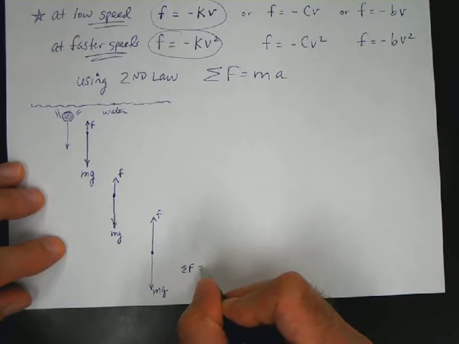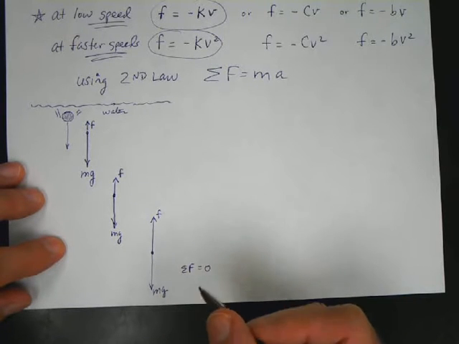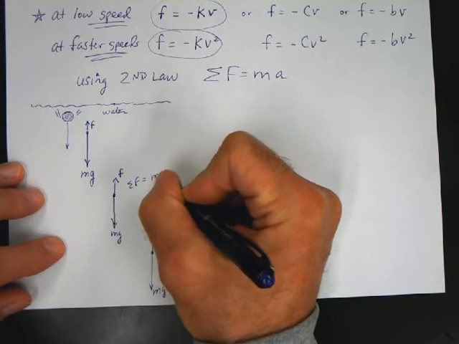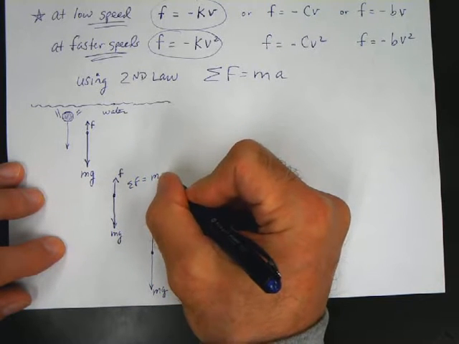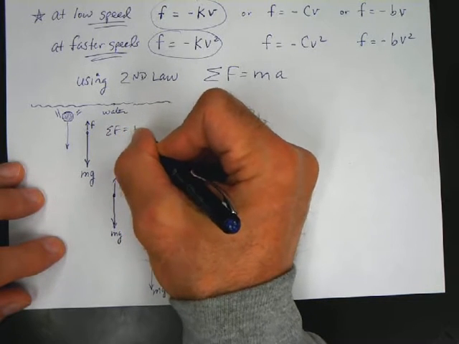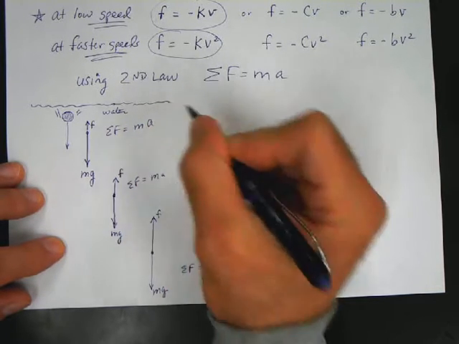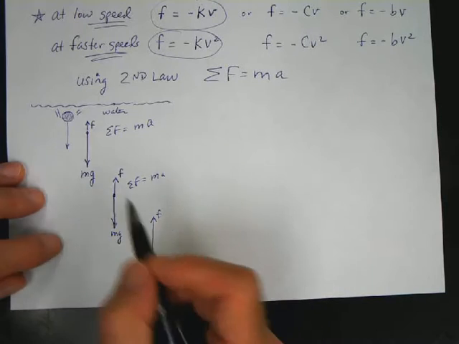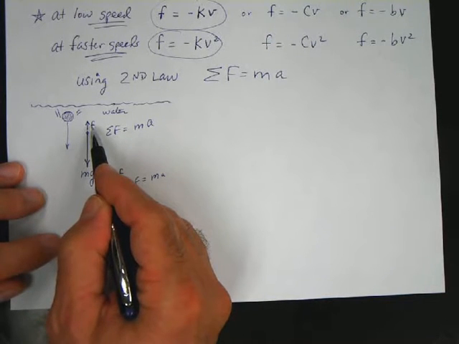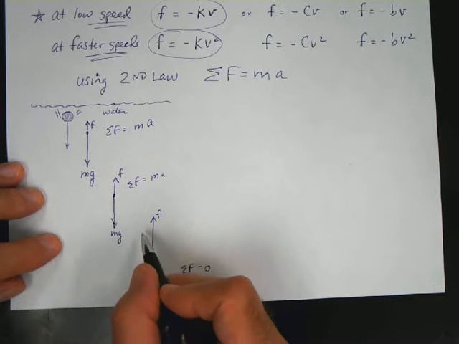And here we see that the sum of the forces equals 0 at this point. Up here, the sum of the forces was equal to ma, and the a was kind of small there. Here, the sum of the forces equaled ma, but the a was bigger, wasn't it? Because there was a bigger difference between mg and F.